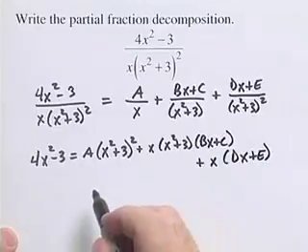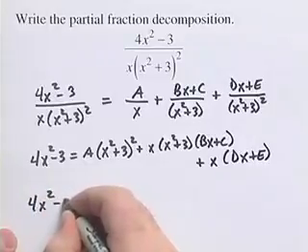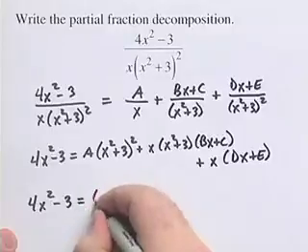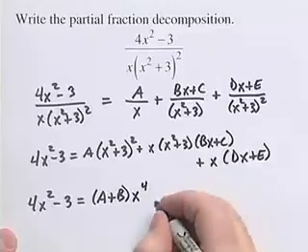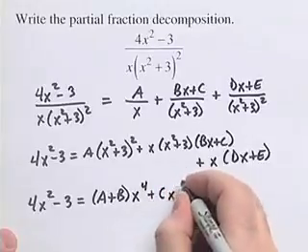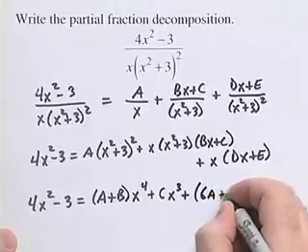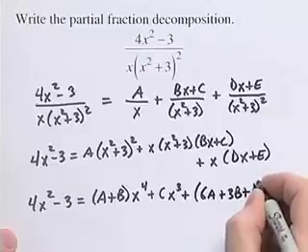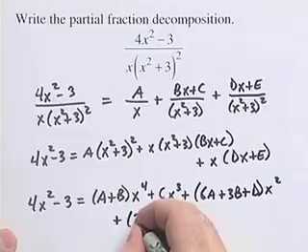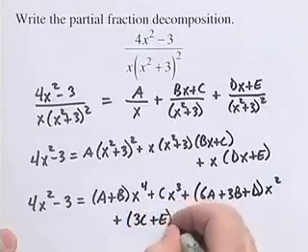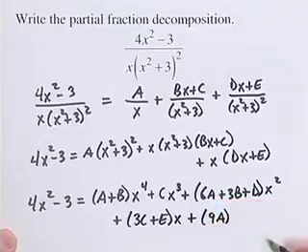Now we need to collect like terms. When we do that, we're going to get an equivalent equation. 4x squared minus 3 is equal to a plus b, is x to the 4th, plus c x cubed plus 6a plus 3b plus d times x squared plus 3c plus e times x and plus 9a, which would be our constant.